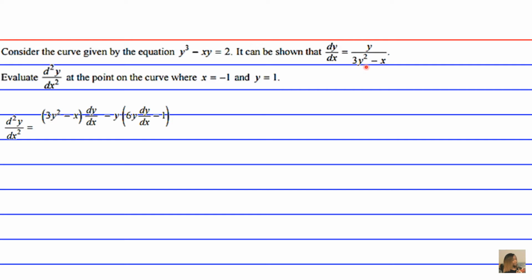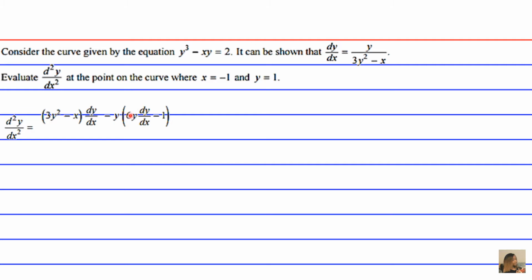And remember, I said you're going to have to use a chain rule for this. The way you differentiate the whole denominator with respect to x is you take the derivative of 3y squared, which is going to give 6y, like the outer function, and then you also have to take the derivative of the inner function, and that's simply going to give you dy/dx, like you see here.